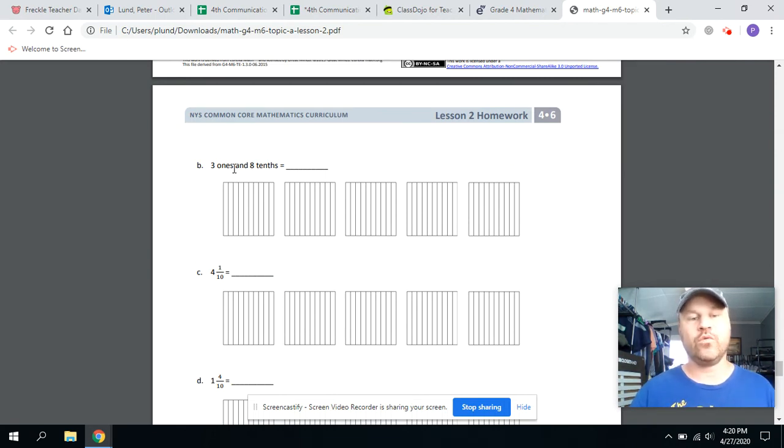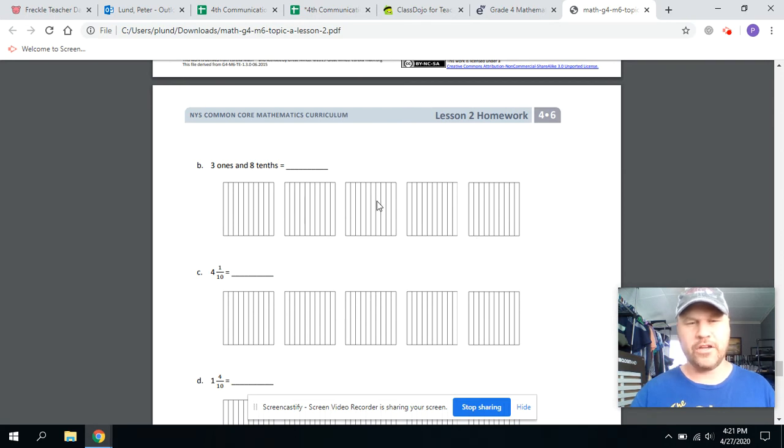So this is 3 ones and 8 tenths. Well, 3 wholes would be shade in 1 whole, shade in 2 wholes, shade in 3 wholes, and then 8 tenths. So shade in 1/10, 2 tenths, 3 tenths, 4 tenths, 5 tenths, 6 tenths, 8 tenths. So you would have 2 unshaded here, an entire whole unshaded.